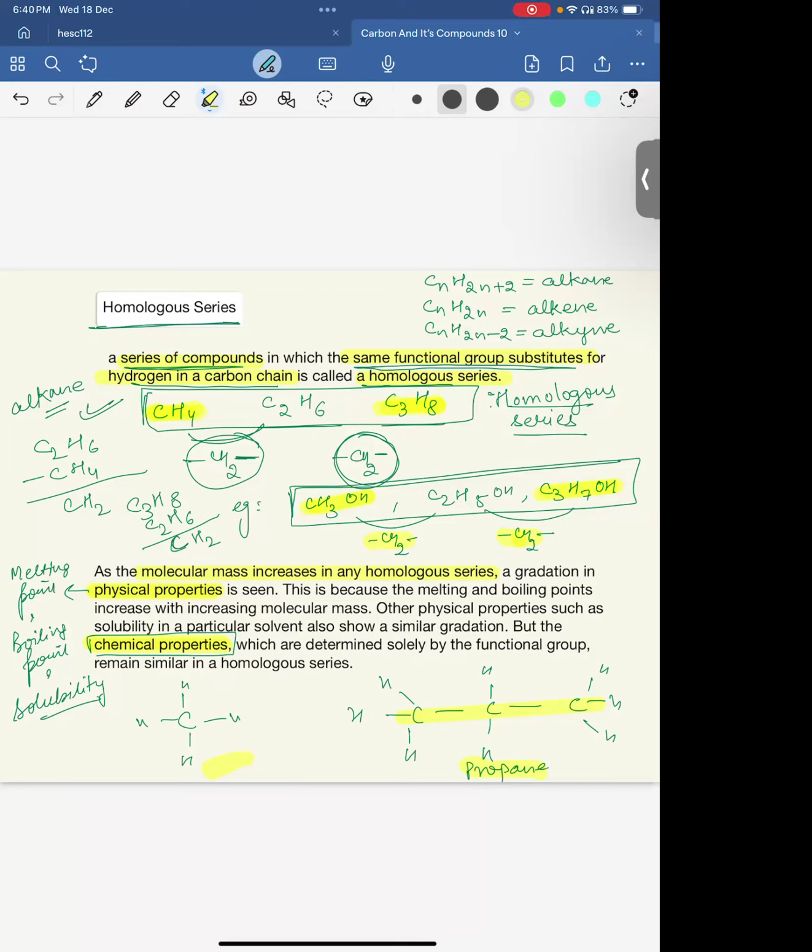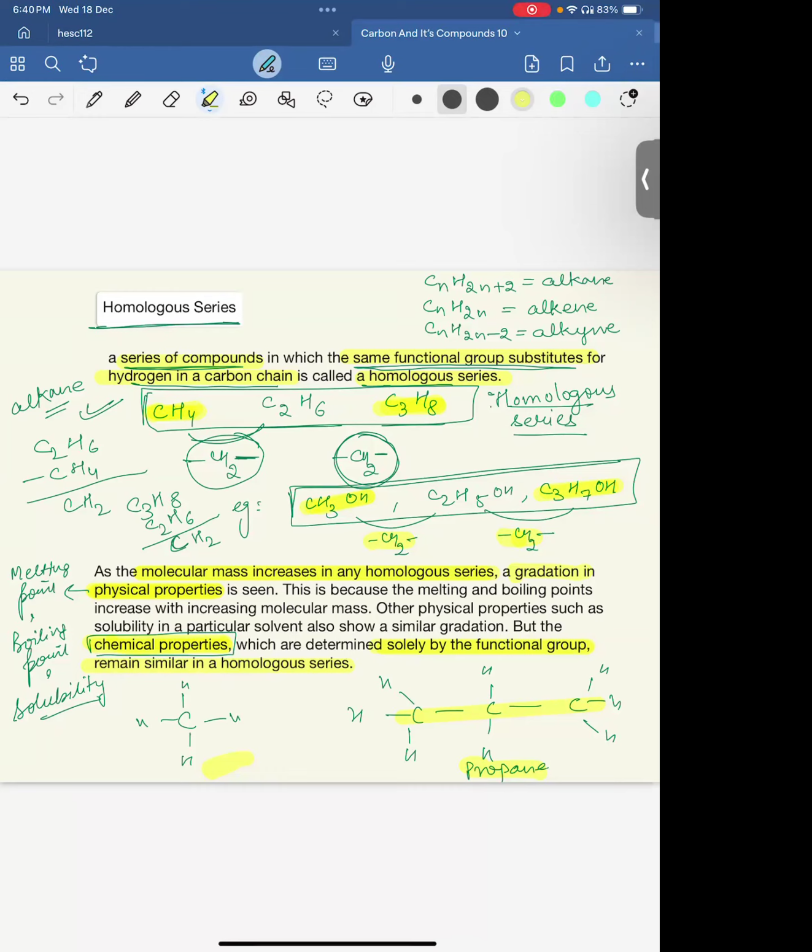No. This is solely decided by the functional group. The chemical reactions happen mostly with the functional group only, so they are determined by the functional group. With molecular mass increase in a homologous series, physical properties change, but the chemical properties remain similar.